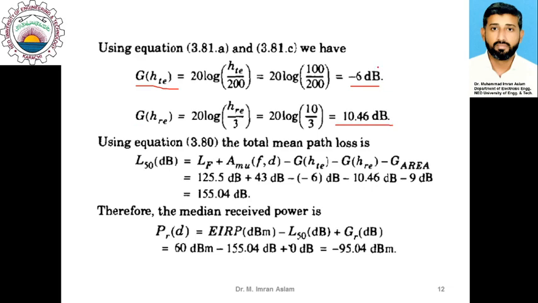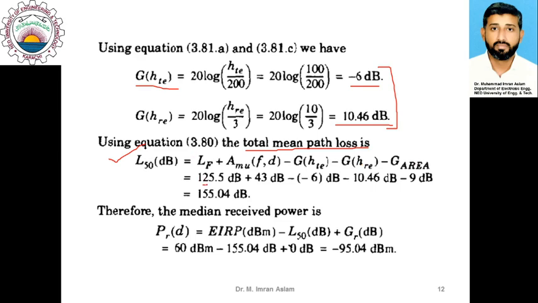So we have calculated all those parameters which are included in the path loss formula for the Okumura model. The total median path loss is given by this formula: L50 dB is equal to LF plus AMU plus GHTE plus GHRE plus G area.